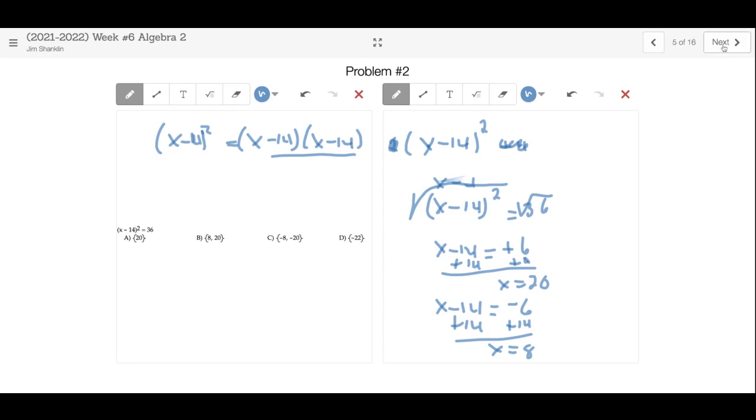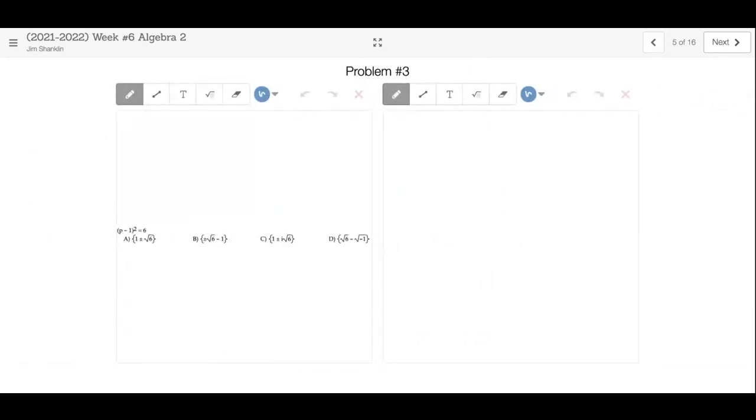All right, let's jump to problem number 3. Very similar problem, okay? Very similar. So I'm going to turn off my mic. I'm going to let you guys do this problem. Okay, see what you get for an answer.